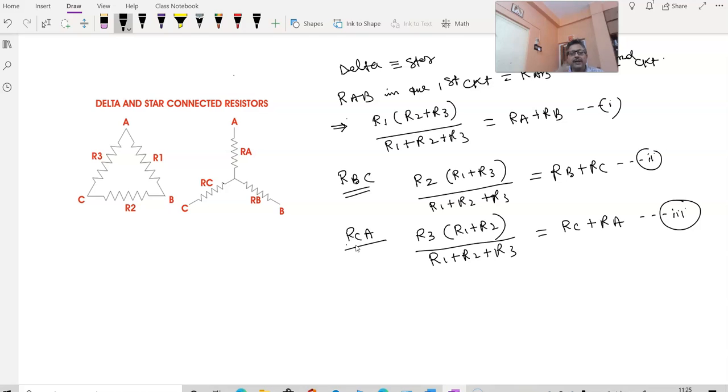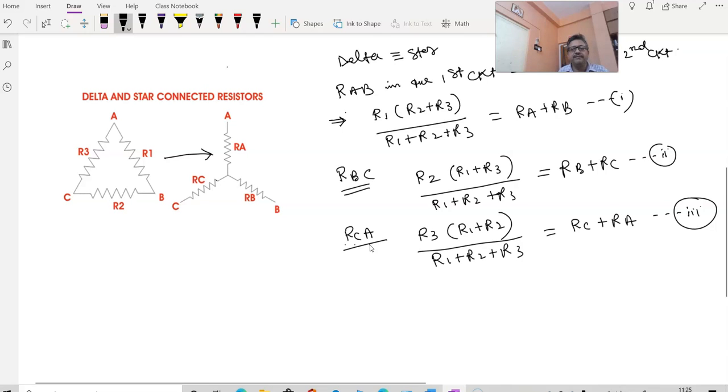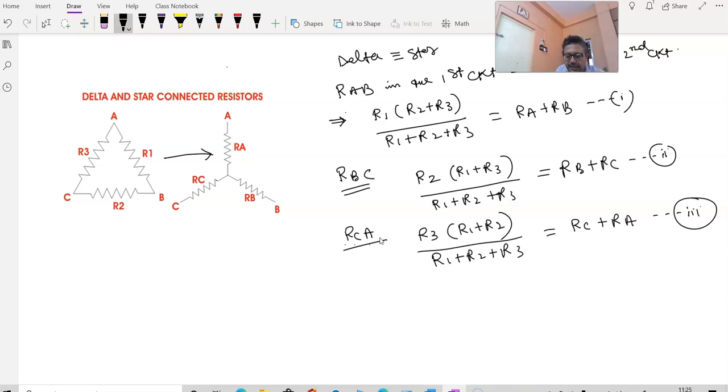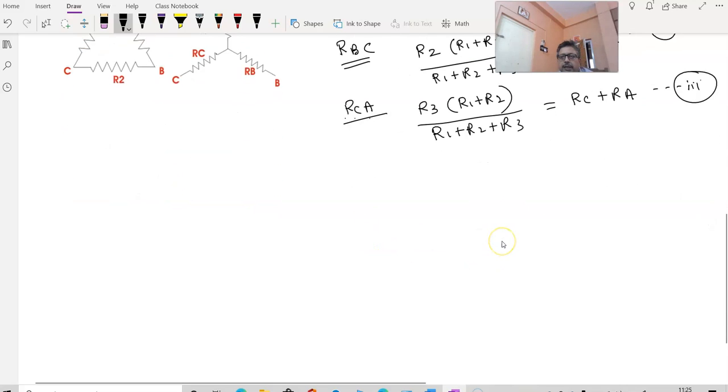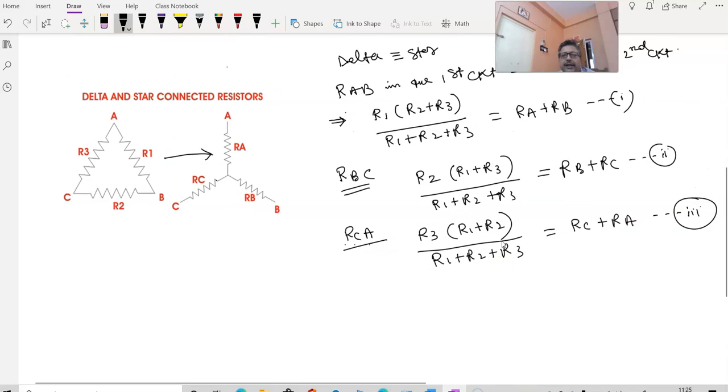Now we will find the values of RA, RB and RC, because when delta is converted to this form, what is the value of RA, RB, RC that we need? Let us go for finding the values of RA, RB, RC first. I am using equations 2 and 3 to get another equation containing RA and RB.